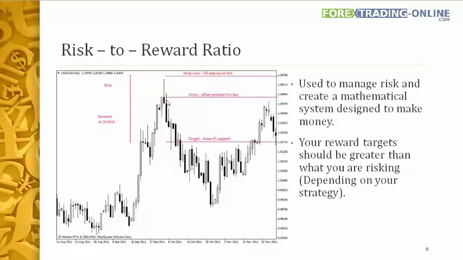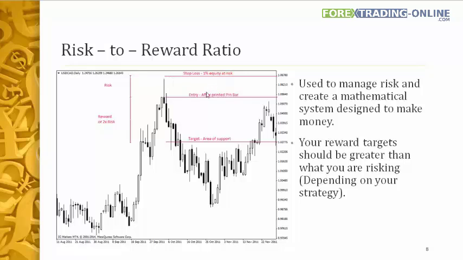However, for the purpose of analyzing risk to reward ratio, we see a pin bar, which is a typical shorting opportunity on a pullback, which we identified over here as the entry after the pin bar was printed, and a stop loss right above the high of the pin bar.